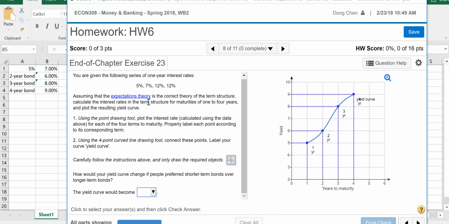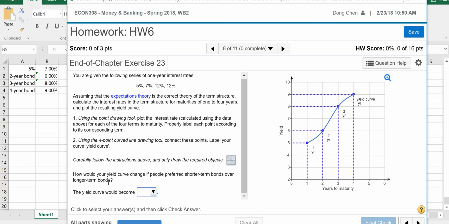That's the assumption behind this expectations theory. But if investors actually prefer shorter term bonds over longer term bonds, then this assumption no longer holds.